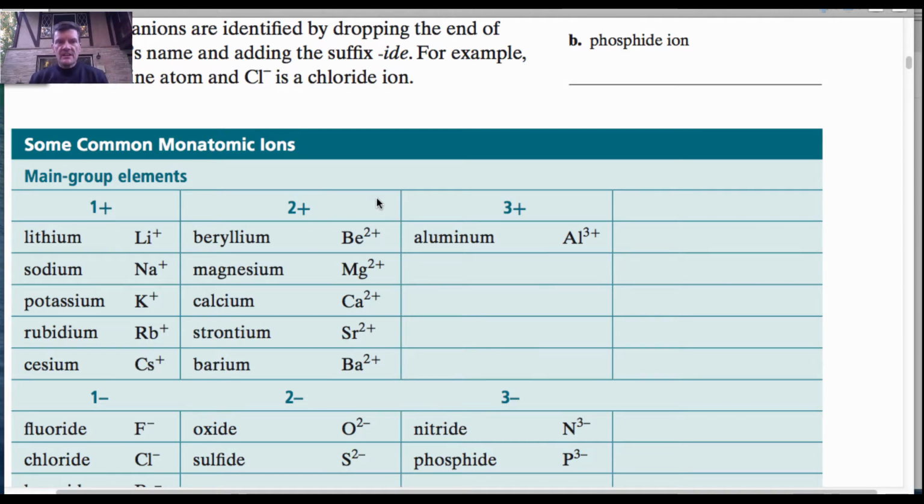If they lose that electron, they're going to become a +1 charged ion. So all of these are group 1. Group 1 metals have 1 valence electron, which they like to lose, and therefore they become a +1 ion.